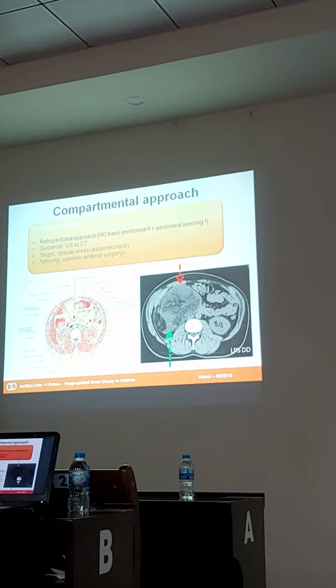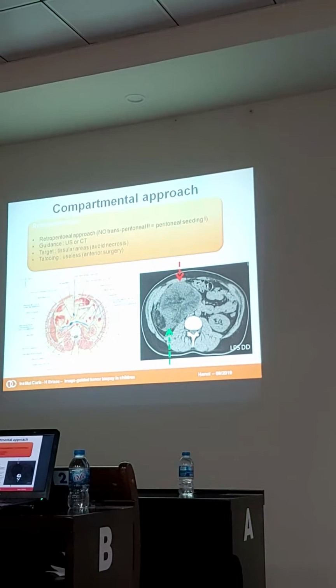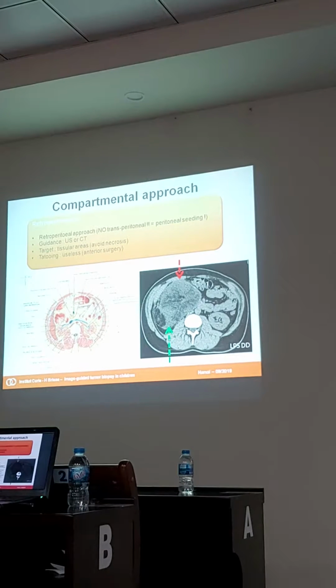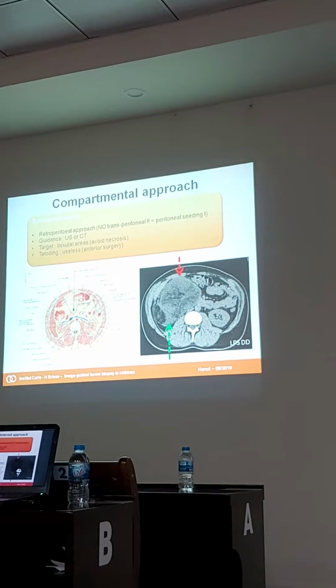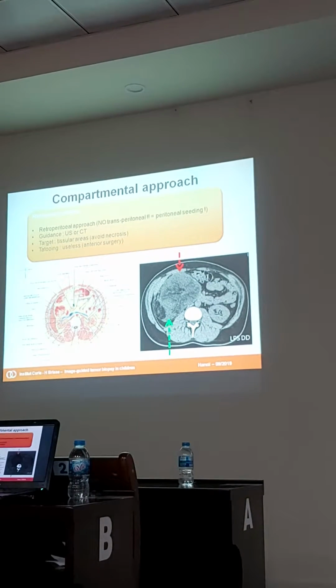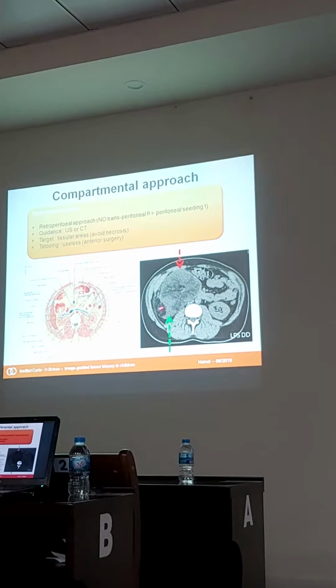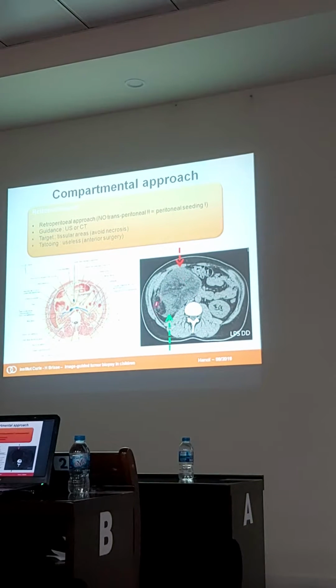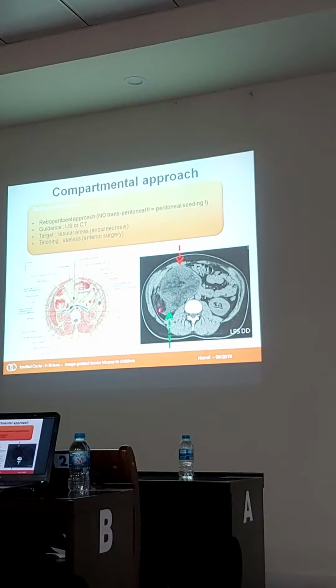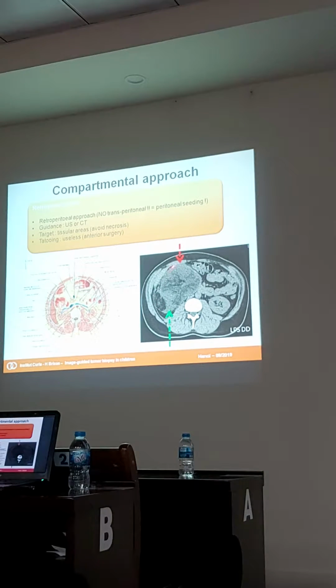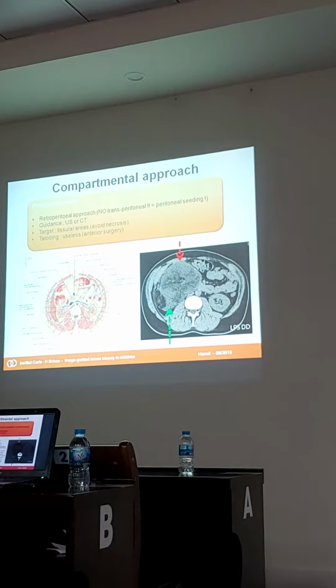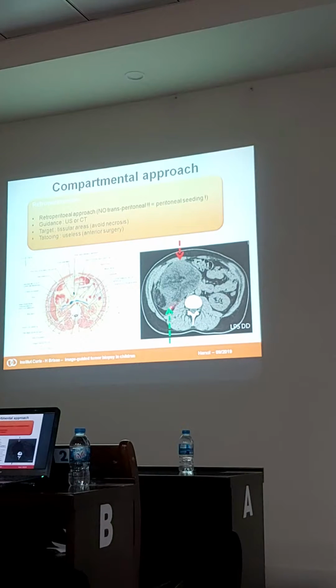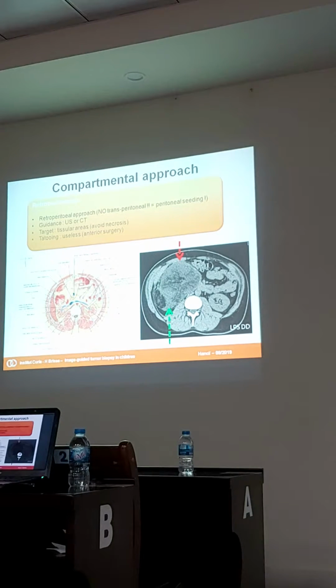Another question of compartmental anatomy, which is very important both in adults and in children, is for the retroperitoneal tumors. Here there is a typical retroperitoneal sarcoma. So it looks like an intraperitoneal mass, but it is clearly located in the retroperitoneum. So this tumor does not invade the peritoneal cavity.